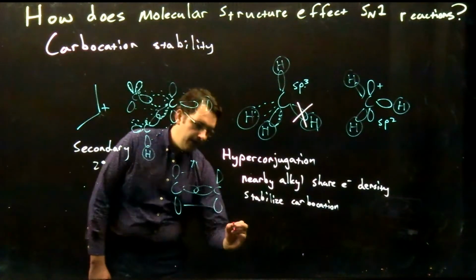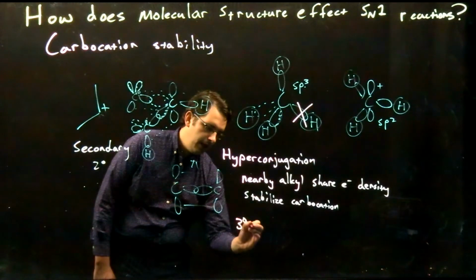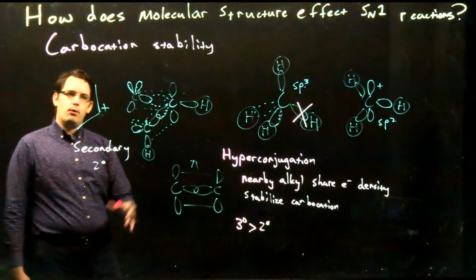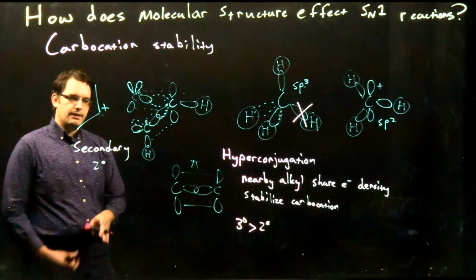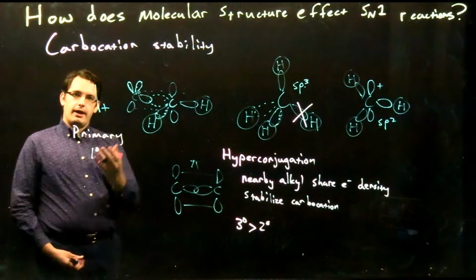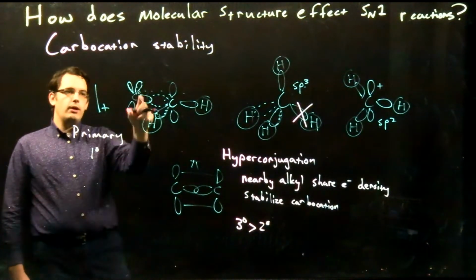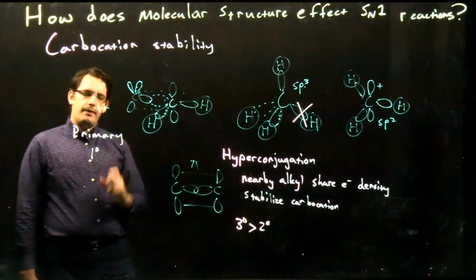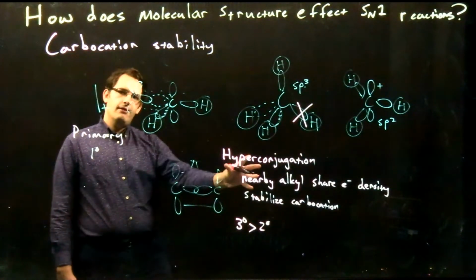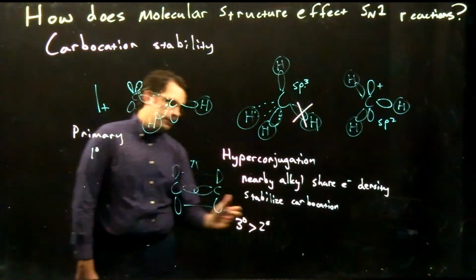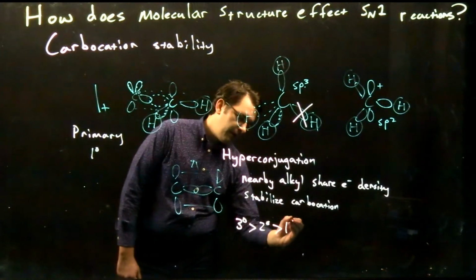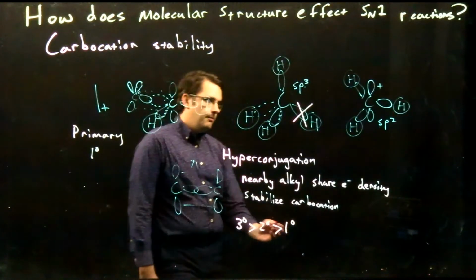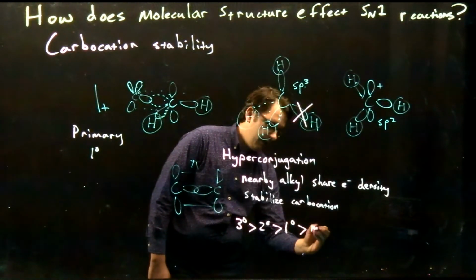So I can say that my tertiary carbocation is going to be more stable than my secondary carbocation because it has more carbons that are able to share electron density with it. Again, for my primary carbocation, here I only have 1 carbon left attached to my carbocation. So I only have 1 carbon that can share electron density, and I'm going to have less of this stabilizing hyperconjugation effect. So my secondary is more stable than my primary carbocation, and of course my methyl carbocation would be even less stable.